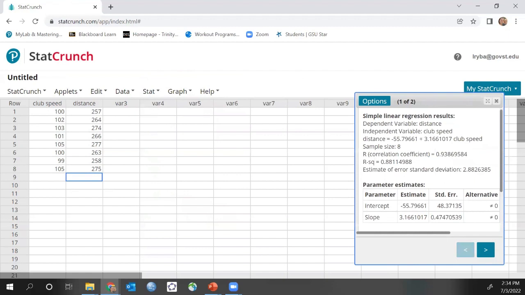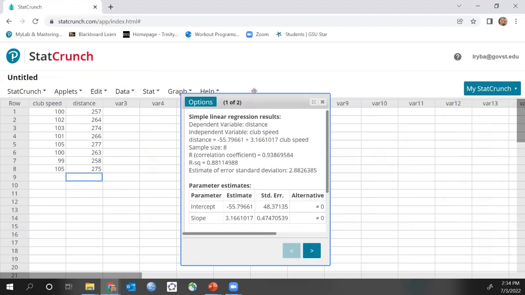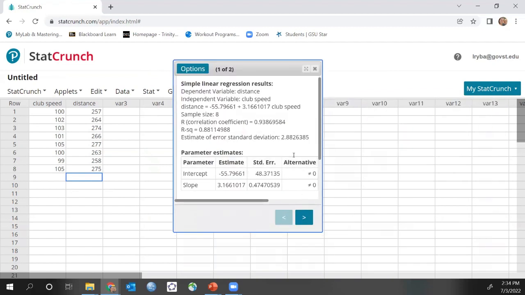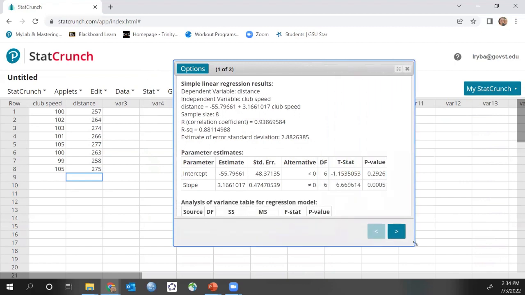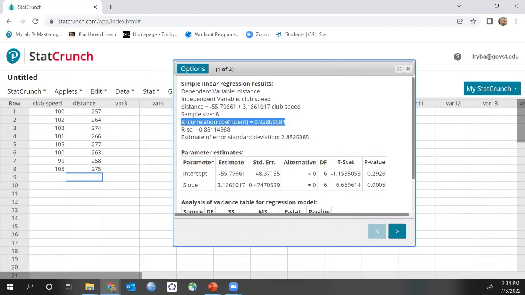Okay, what's going to pop up here is we're going to get 2 different things that happen. It's 2 pages. It says 1 of 2. So this first page has some extra stuff on it, which we will talk about in the next section here. But right now it's just asking, hey, what's our correlation coefficient? So 0.93869, 0.9. It's strong and it's a positive. So this is a positive, strong relationship.